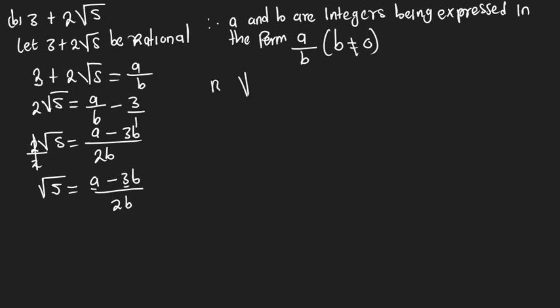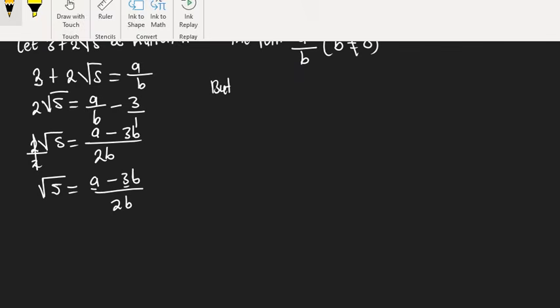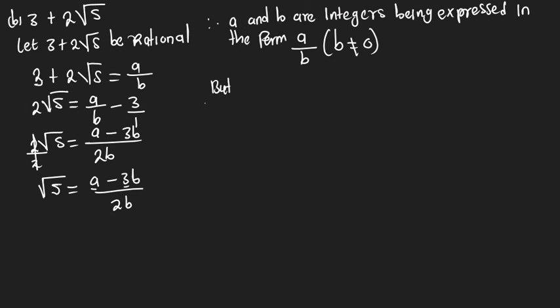But we mentioned that 3 plus 2 root 5 is equal to A over B, where A and B are coprimes, right?